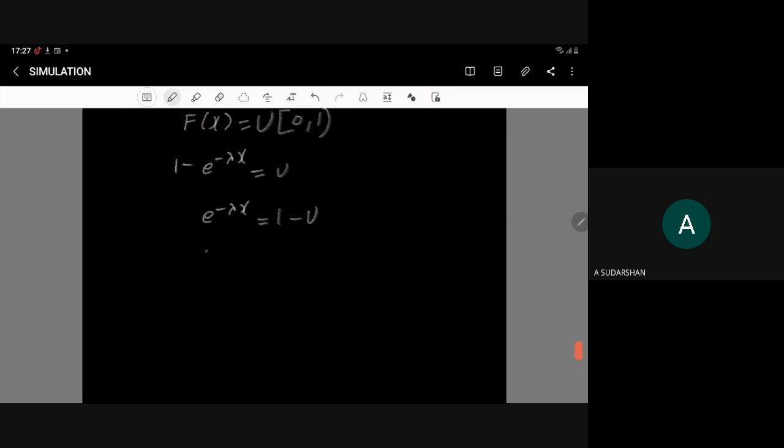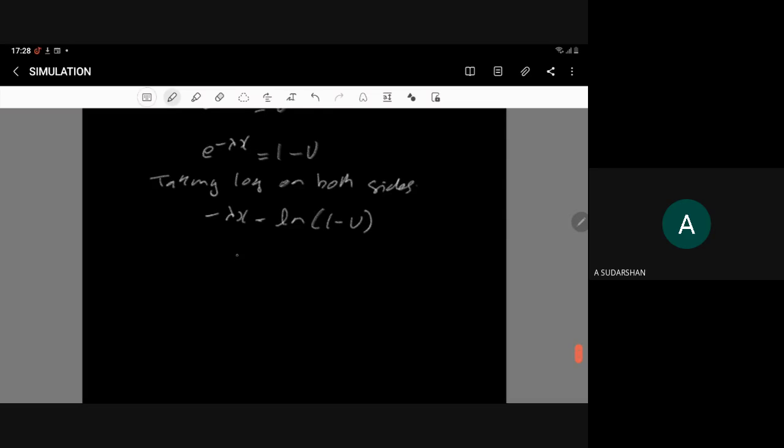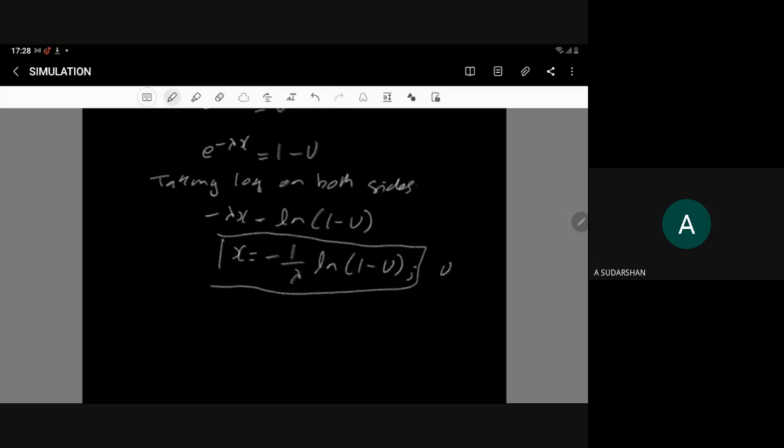Taking the logarithm on both sides, minus lambda x is equal to ln of 1 minus u. So x will come minus 1 upon lambda ln of 1 minus u. This is the scheme to generate the exponential variate using a random number between 0 and 1, and u must be between 0 and 1.